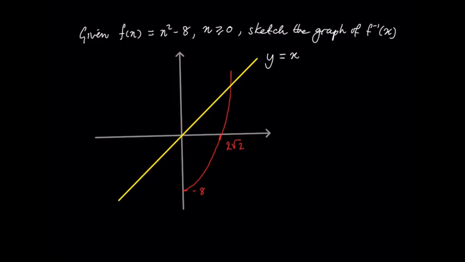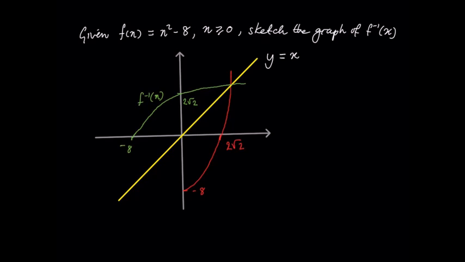We should be able to see that it's going to cut the x-axis at minus 8, and it will cut the y-axis at 2 root 2. So let's see if we can sketch that. So there's our inverse function f to the minus 1 of x.